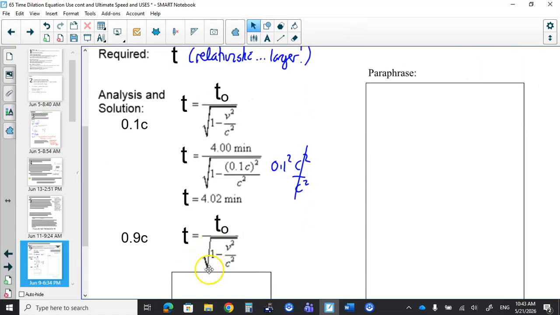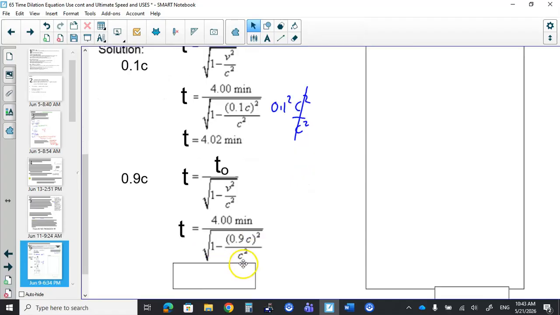Whereas if the spaceship was going 0.9, 90% the speed of light, that would stretch out to 9.18 minutes, right? So that 0.02 of a minute of 60 seconds would be 1.2 seconds. So this would be 4 minutes and 1.2 seconds, whereas the 0.18 of 60 seconds is 10.8 seconds.